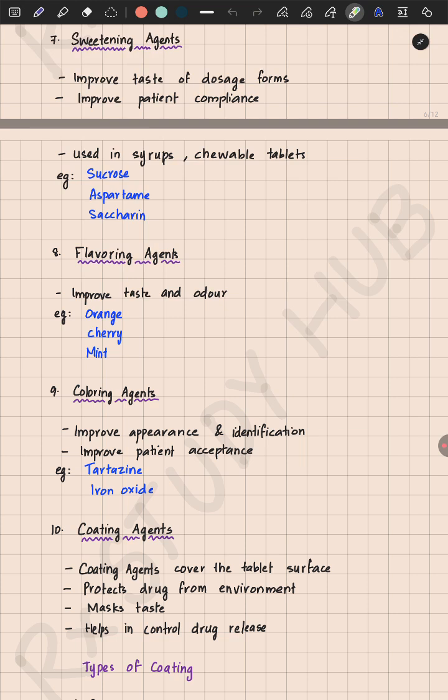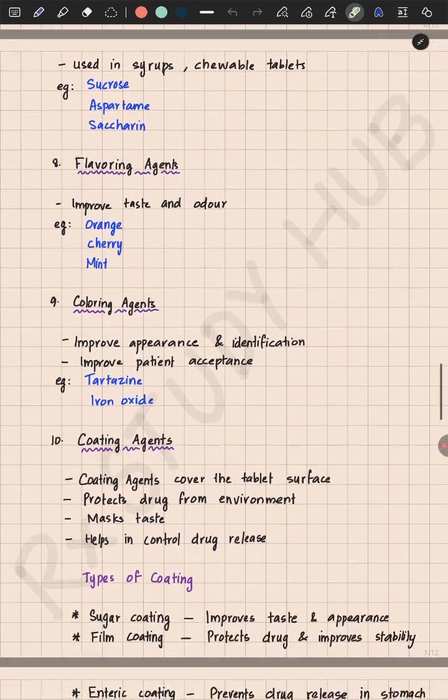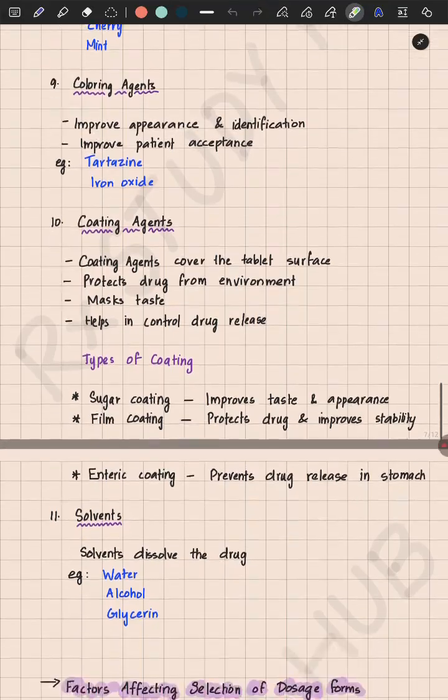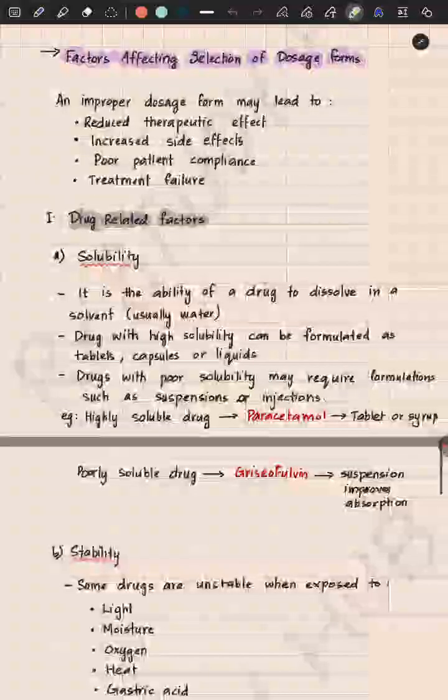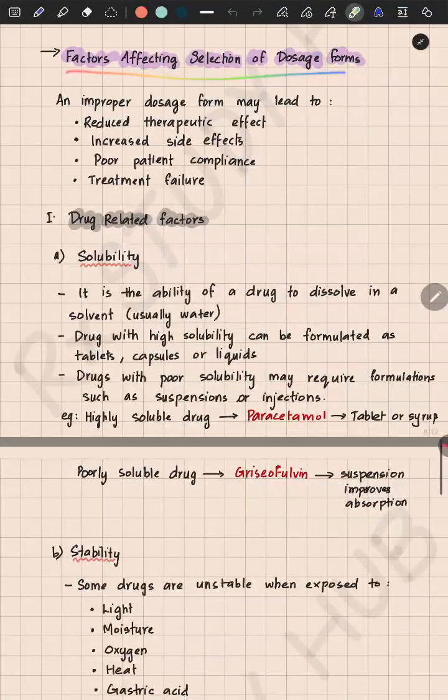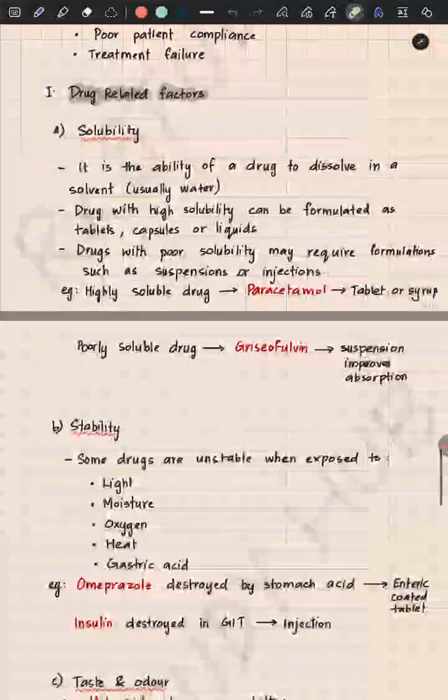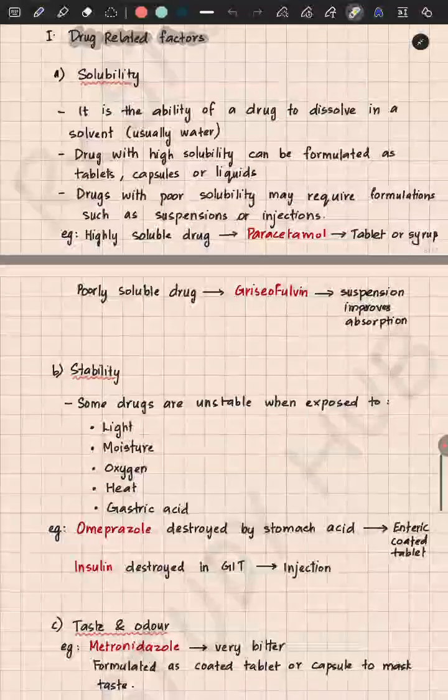Finally, let us look at the factors that affect the selection of dosage form. This is something you will apply in real clinical situations. The choice of dosage form depends on multiple factors related to the drug, the patient, and the condition being treated. From the drug side, properties such as solubility, stability, and bioavailability are very important.